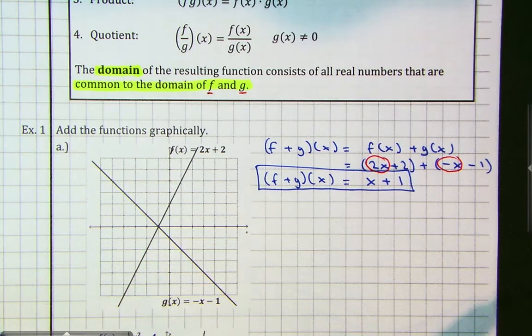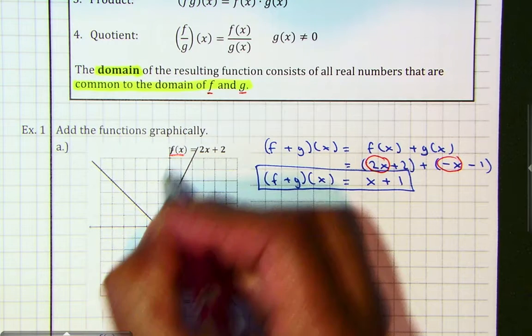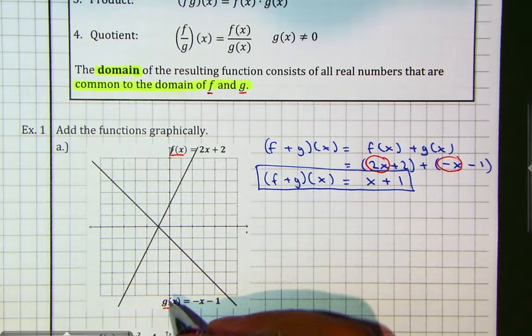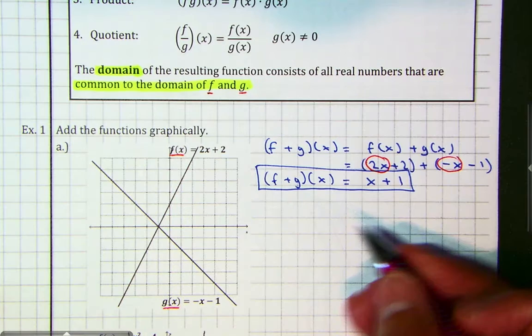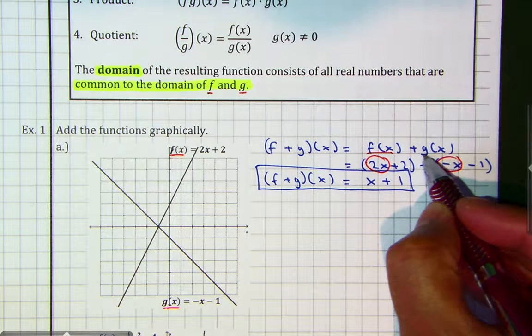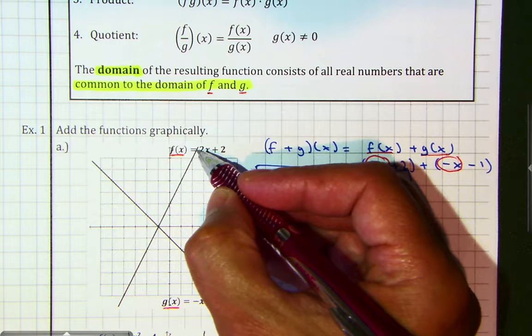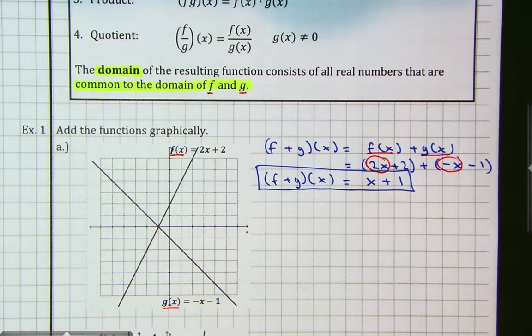Now the same thing happens when we add them graphically. When we add them, we are going to add all the y values for each function. Remember that whenever we talk about f of x and g of x, we're talking about the y values. So these are the y values that we connect and make into a graph.